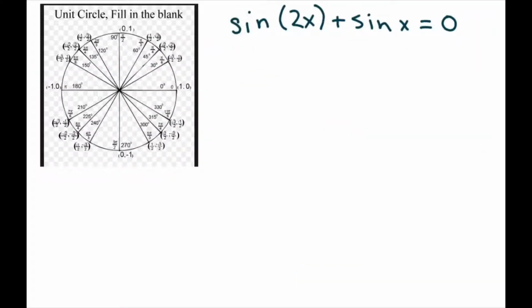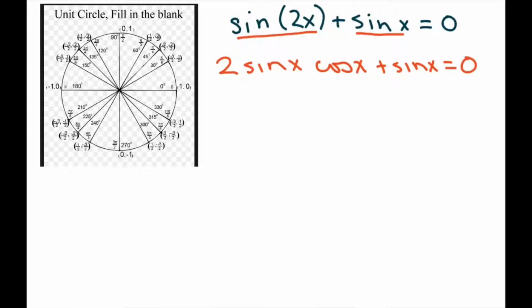So the first one we have is this one, and there's only one double identity for sine of 2x. Anytime you have another sine here, you're going to have to use your double angle identity. So this is going to be 2 sine of x times cosine of x plus sine of x equals 0.